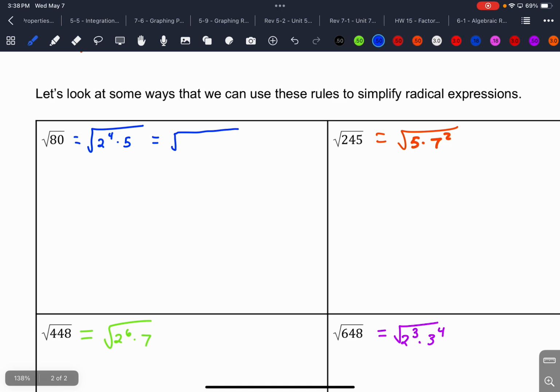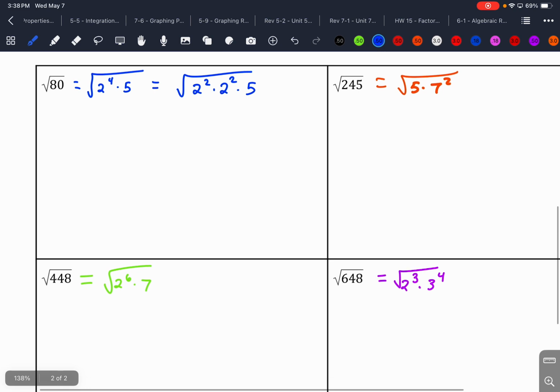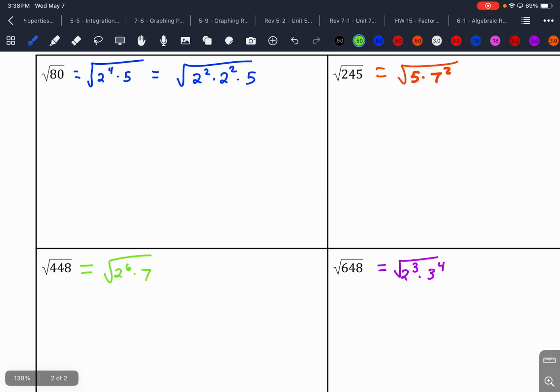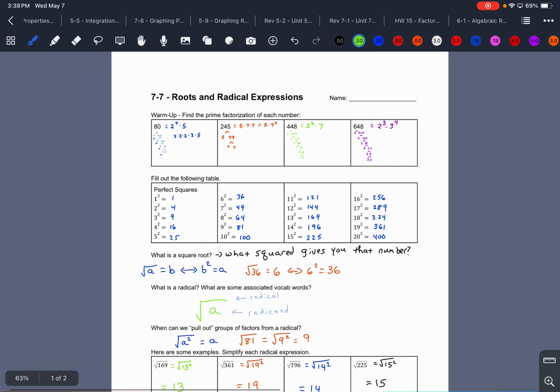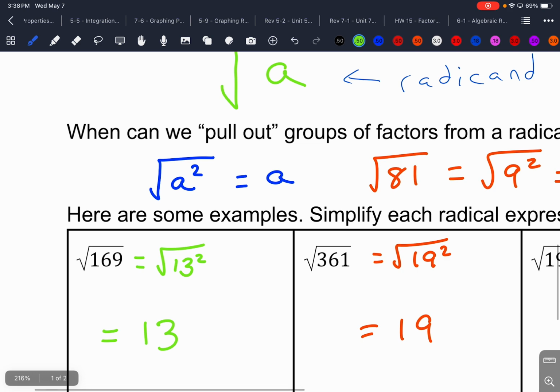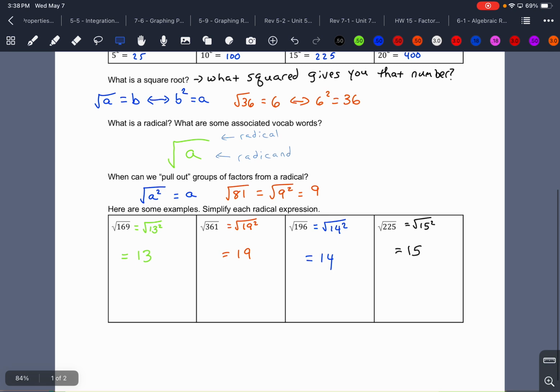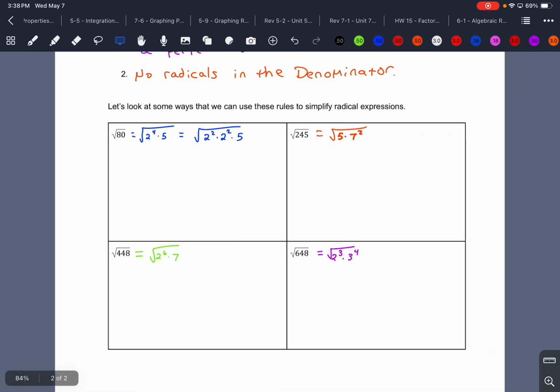So I could also write this as 2 squared times 2 squared times 5. That's a perfect square. So that's why I'm doing it, because we have this rule that the square root of a squared is equal to a. That's why I'm pulling out the squares, right?